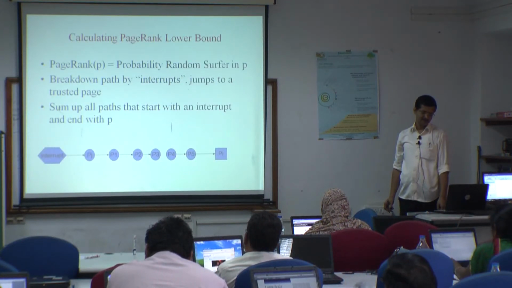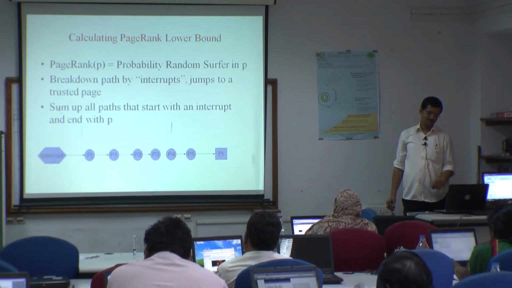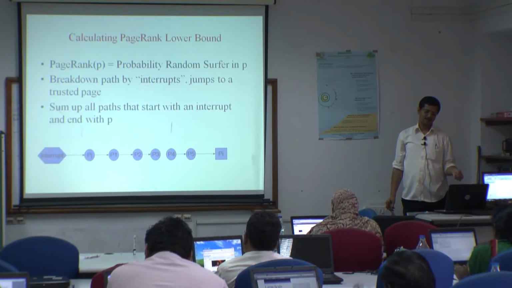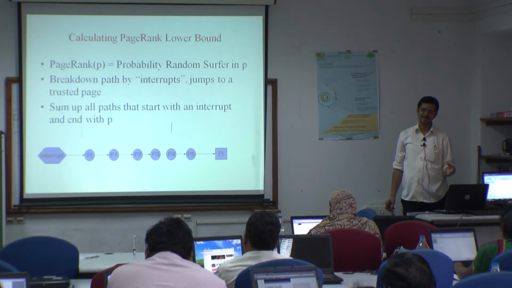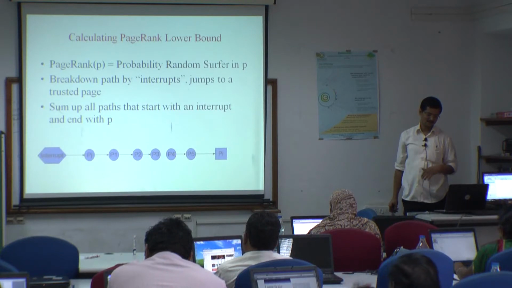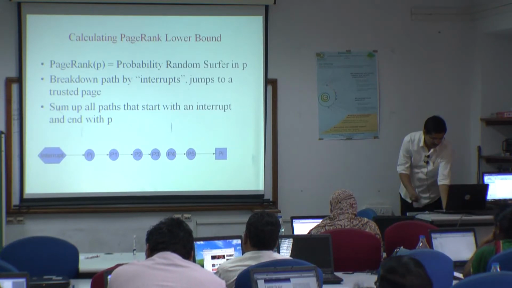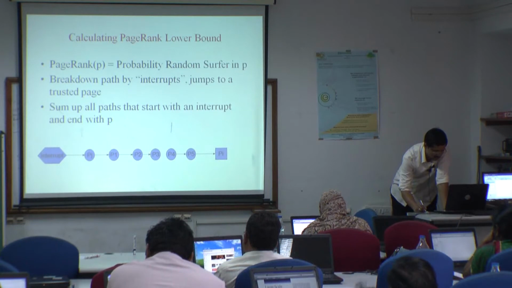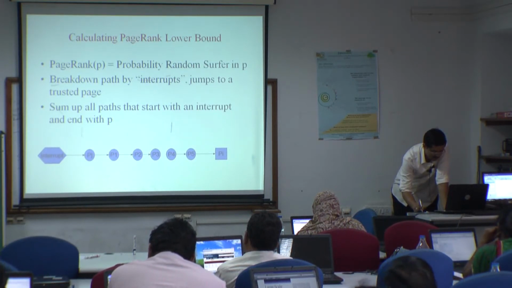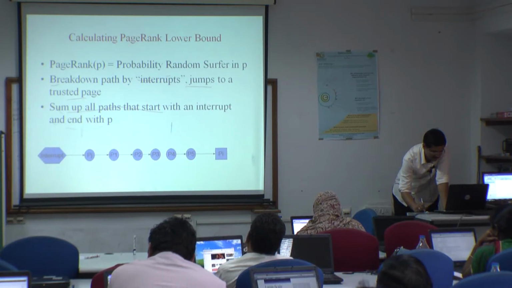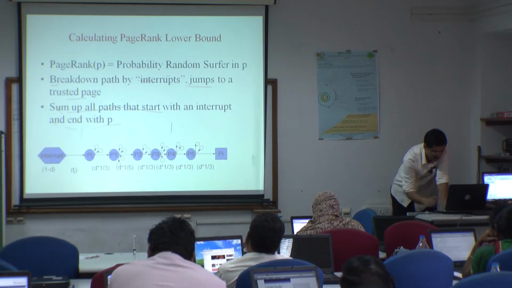Now how to calculate the page rank lower bound? Actually page rank is the probability of a random surfer being at page P, where P represents the page. To calculate the page rank lower bound, break down the path by interrupts and jumps to a trusted page, and sum all paths that start from an interrupt and end at P, then you will get the page rank score at each place.